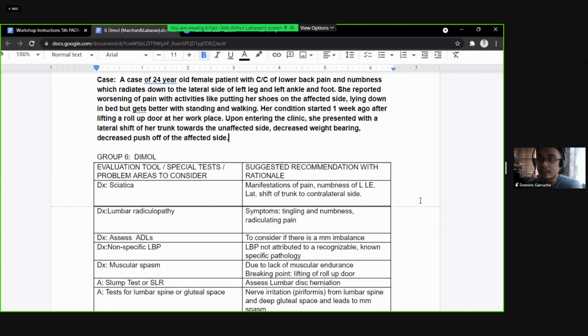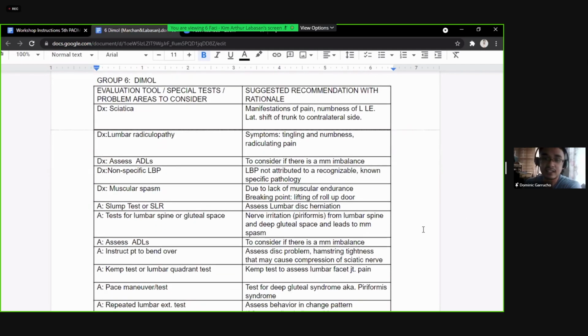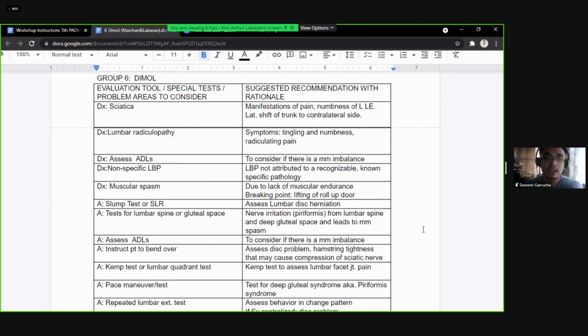So our evaluation for the patient may need assessment tools that can determine if there is centralization or peripheralization. As such, we considered sciatica, lumbar radiculopathy, with manifestations of pain, numbness of the left lower extremity, lateral shift of the trunk to the contralateral side. And for lumbar radiculopathy, we may want to consider tingling, numbness, and radiating pain.